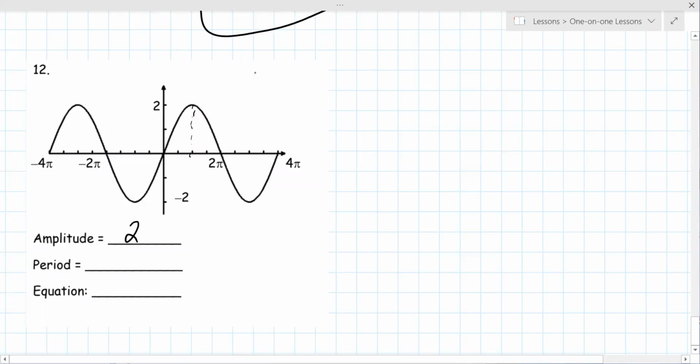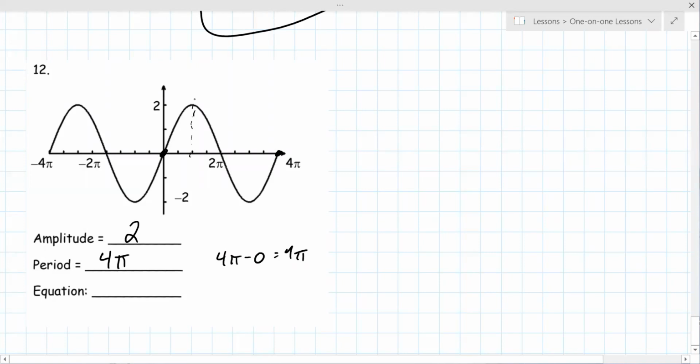The period, you could go peak to peak, but let's go where you start and then all the way back to where you start. So to go all the way back where you start, how far is that? That's 4 pi. So it's 4 pi minus 0 equals 4 pi. So we mentioned this before.